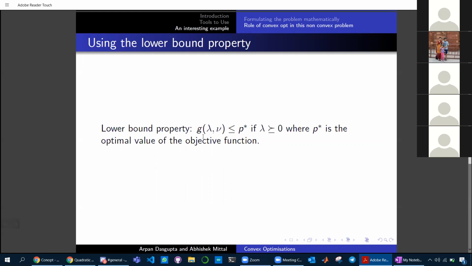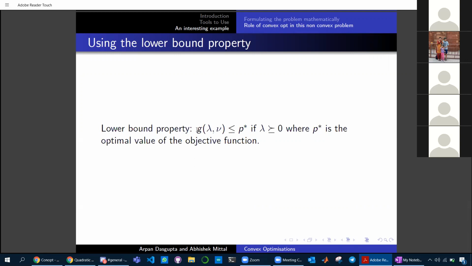From the lower bound property, I know that g of lambda comma nu has to be less than the optimal value, which is p star, if lambda is greater than or equal to 0, where this inequality represents component-wise inequality, and p star is the optimal value of the objective function. But since there is no lambda in my problem, I don't have any such constraints. I can just take any value of nu which satisfies the domain that I just found, and say that this is going to be less than the optimal value.